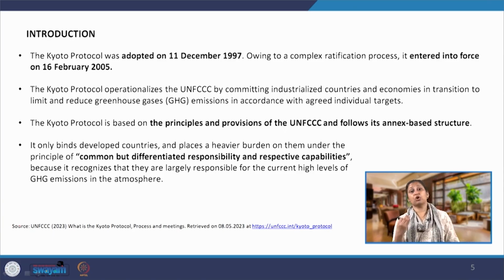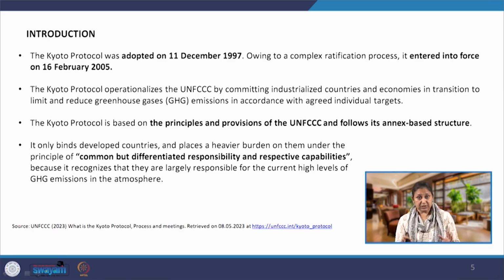If you remember, we also saw there are several annexes to UNFCCC, and a similar structure has been adopted in Kyoto Protocol also. One interesting thing which has been followed in UNFCCC right from the beginning, and in all its conference of parties, protocols and amendments, is that it puts a heavier burden on the developed countries. It has a binding for developed countries, and there is hardly any binding for the developing countries and underdeveloped countries.